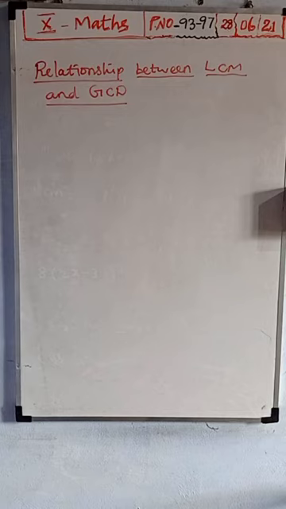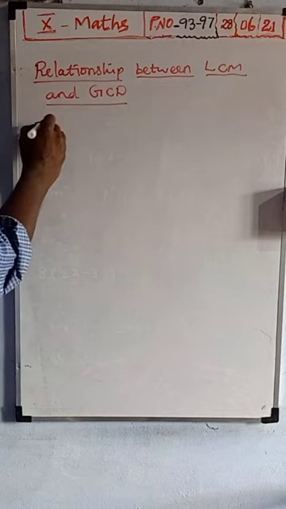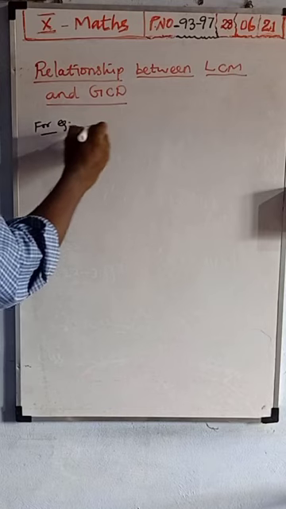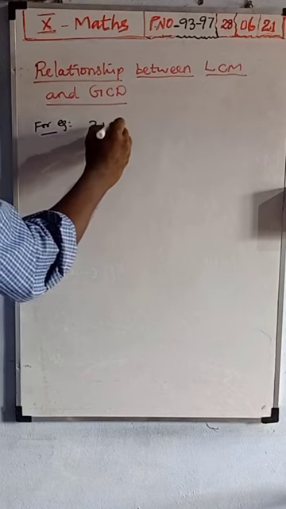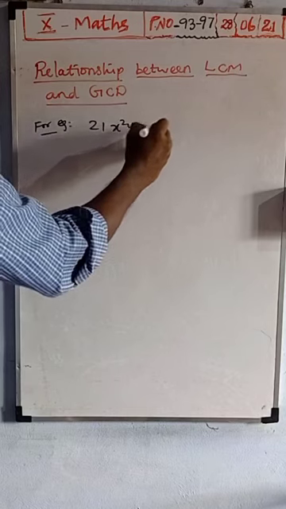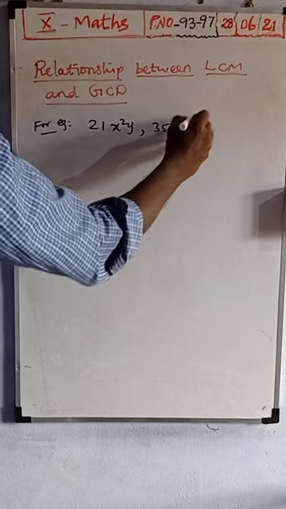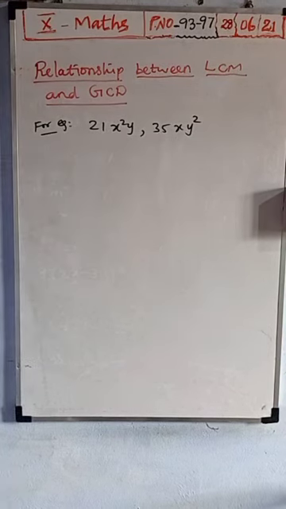For example, consider 21 x squared y and 35 x y squared. Consider these two polynomials, or these two algebraic expressions.